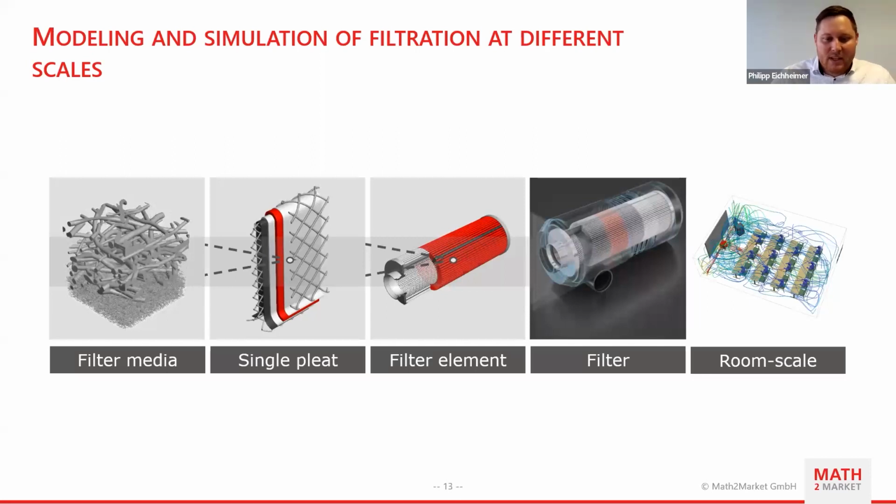In this case, either from flat sheet experiments or from filter media simulations, we can obtain effective parameters, which we then set as the input parameters for the porous layer. And this gives us the opportunity to effectively simulate the filter media effects on a larger scale.